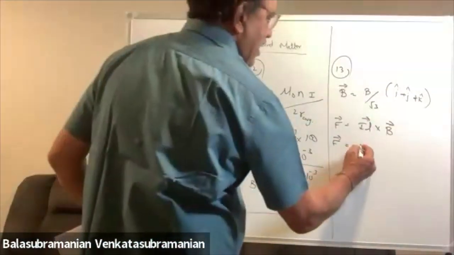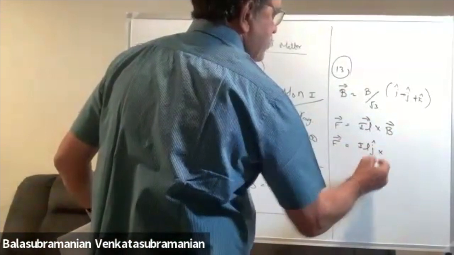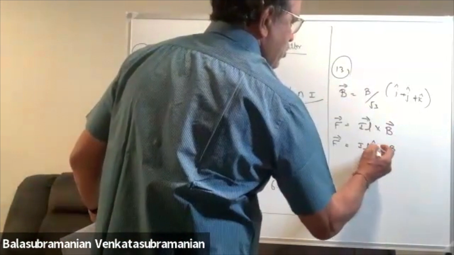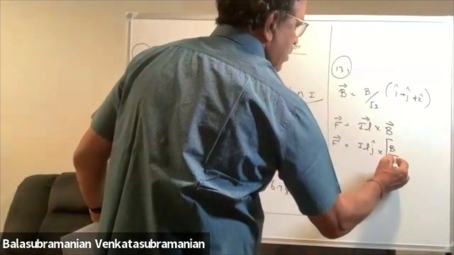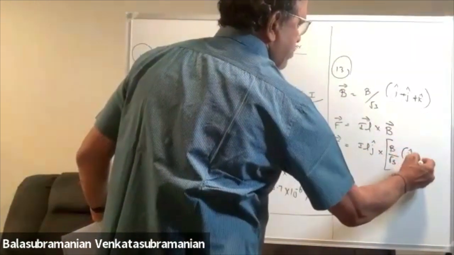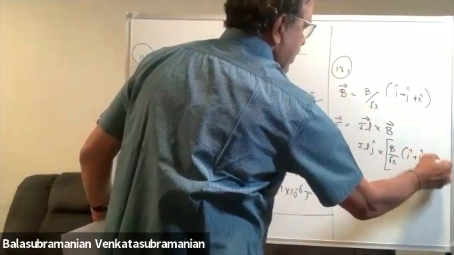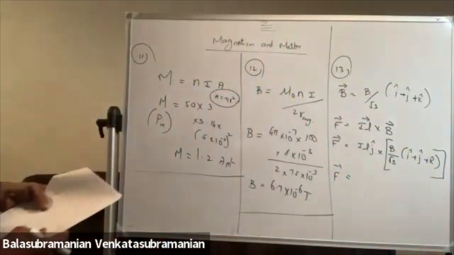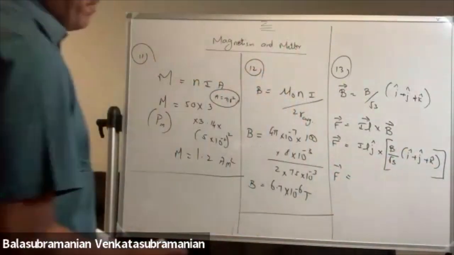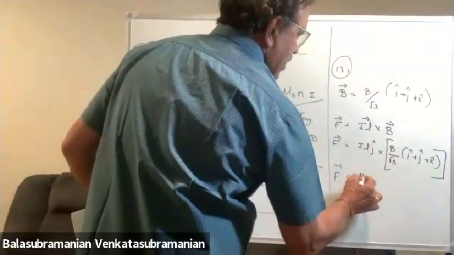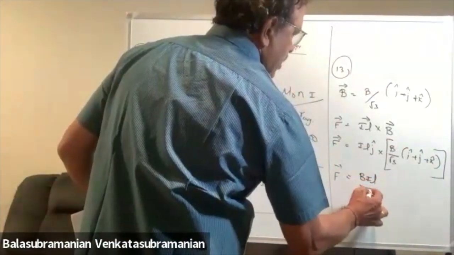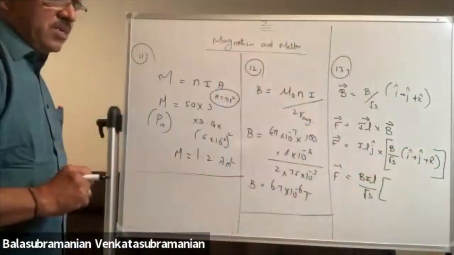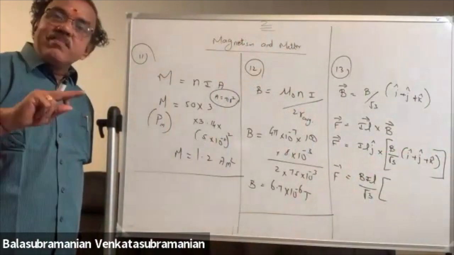So IL J cap cross B vector given as B by root 3 into (I cap plus J cap plus K cap). So first BIL by root 3 J cross I. J cross I means minus K.